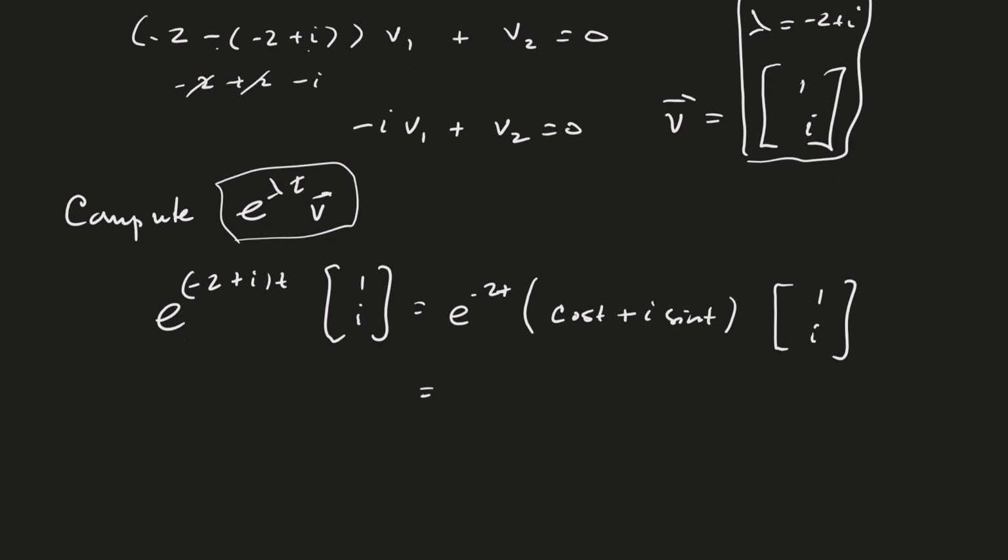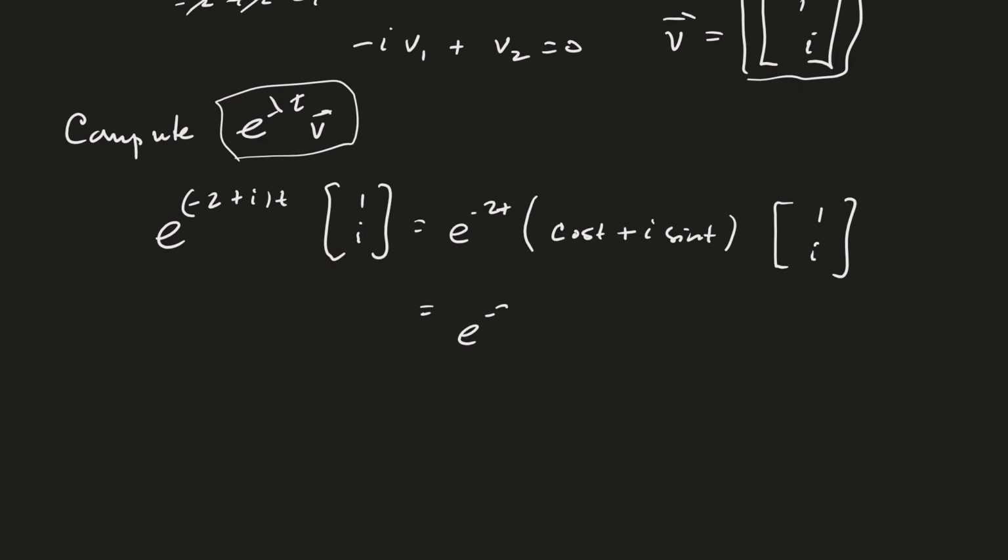This probably isn't terribly exciting to watch, but I think it's important to review a little bit. I'll leave the exponential out because it goes into every term. Now we'll have a minus the sine of t, coming from the i squared, and then a plus i cosine of t.